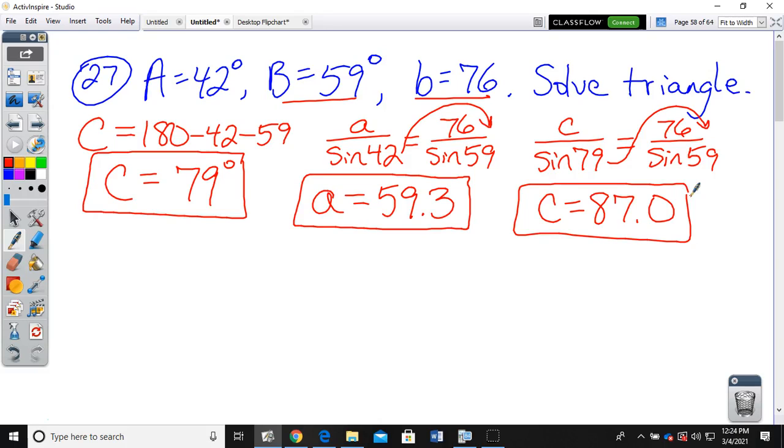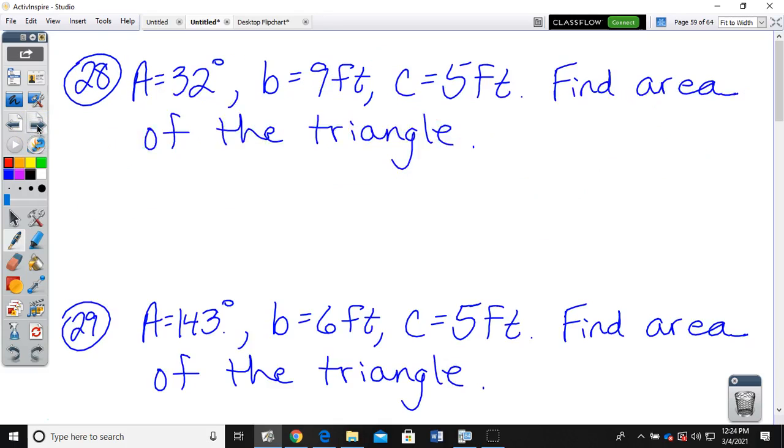And 26, same thing. We take a little break from hard stuff and go to some easy stuff. 28 and 29, we are finding area. These are the ones where you just have to write them down and put them in your calculator. This is the one where you have to know how many sides did they give me? 2.